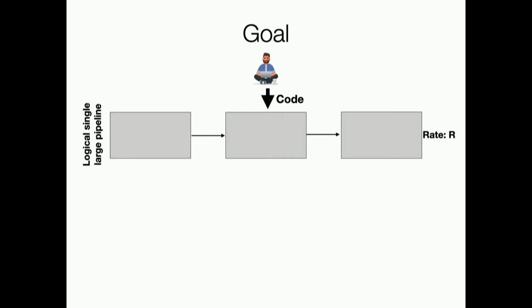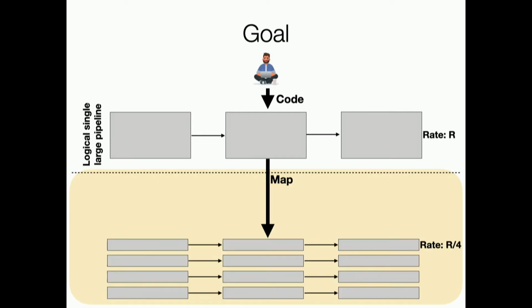But under the hood, we want to automatically map that program, written for one large pipeline, down to these multiple smaller pipelines that are running at much smaller rate than the large pipeline.